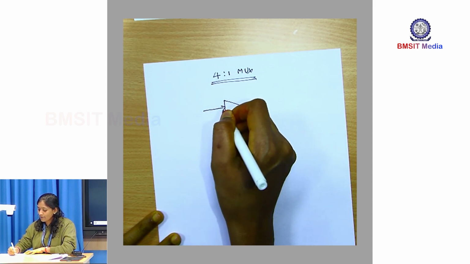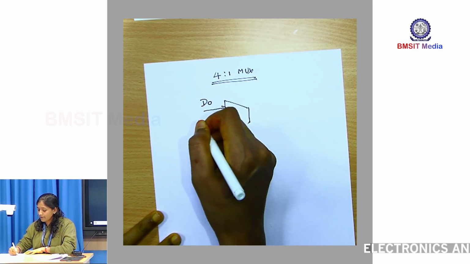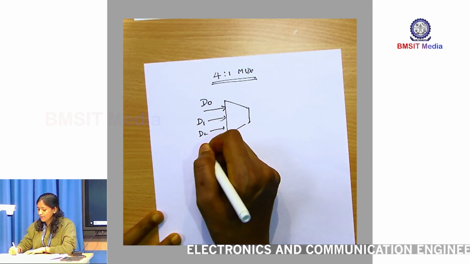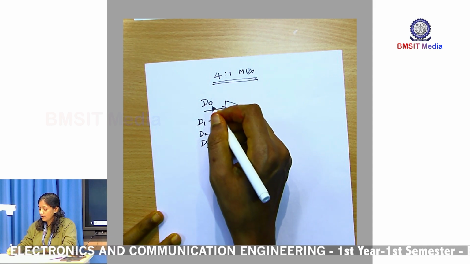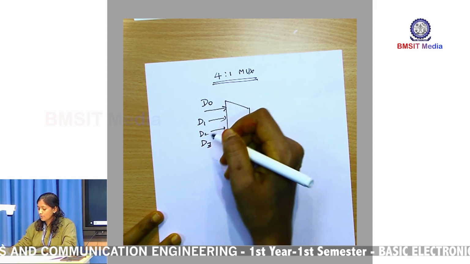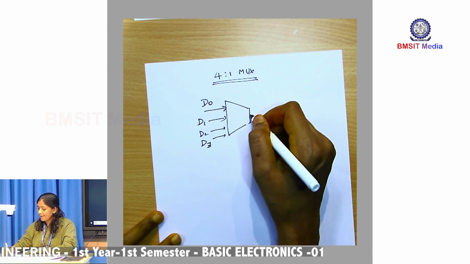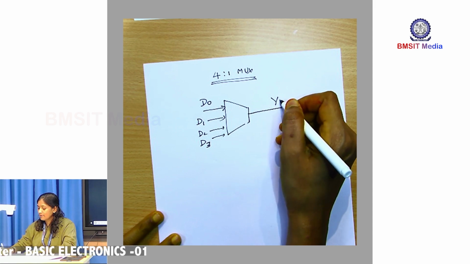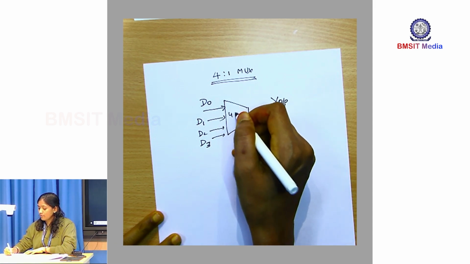Let me call that information data D0, data D1, data D2 and data D3. There are 4 information lines from D0 to D3. From these 4 inputs, at a time one input should be selected and transmitted to this Y output. So, this is my 4:1 mux.